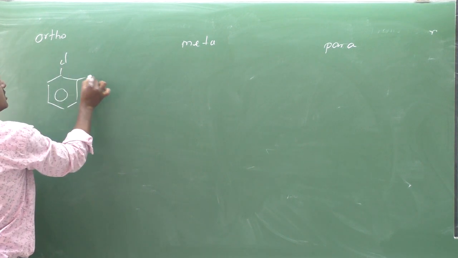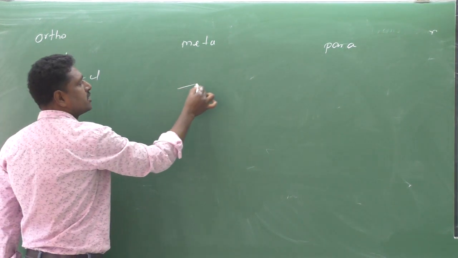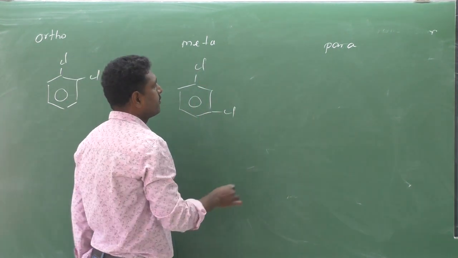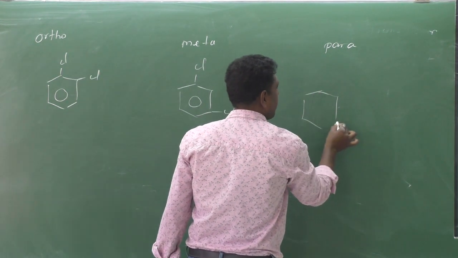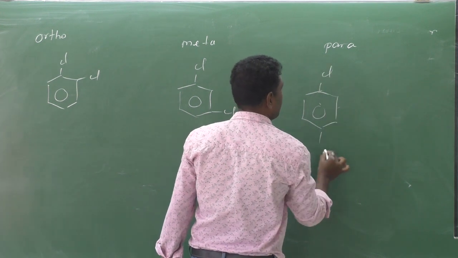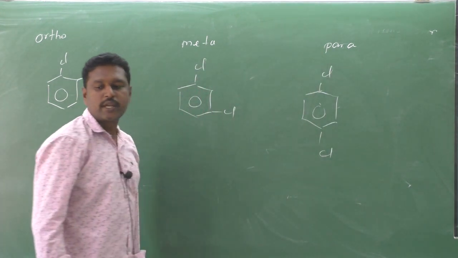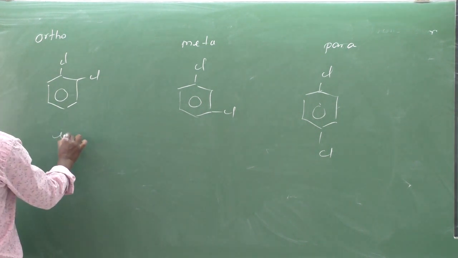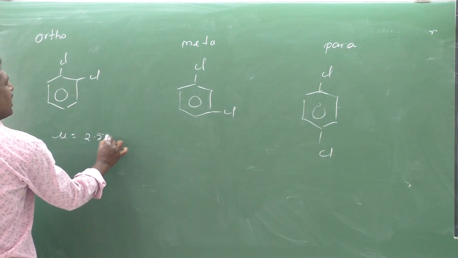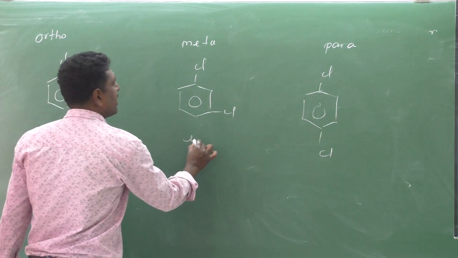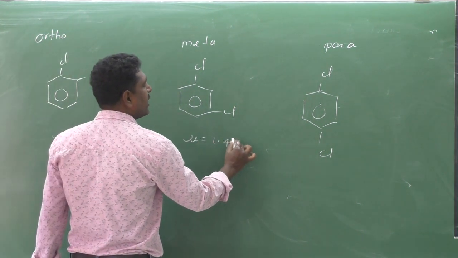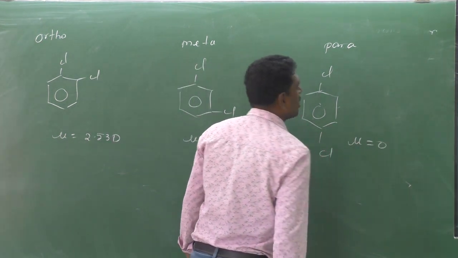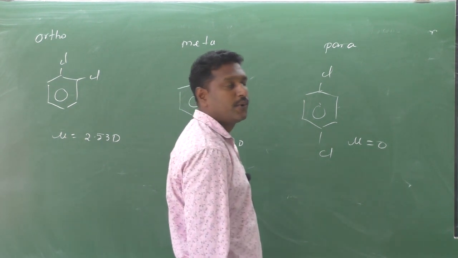So here this is ortho-dichlorobenzene, this is meta-dichlorobenzene, and this is para-dichlorobenzene. When you observe the values, for ortho 2.53 debye, for meta 1.48 debye, but in case of para mu equal to 0.